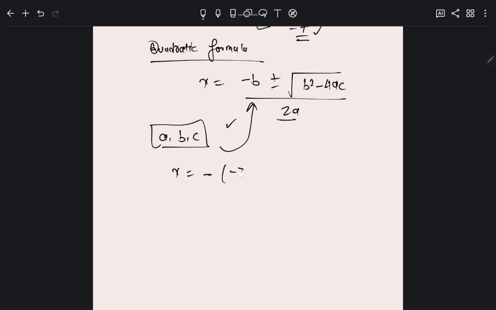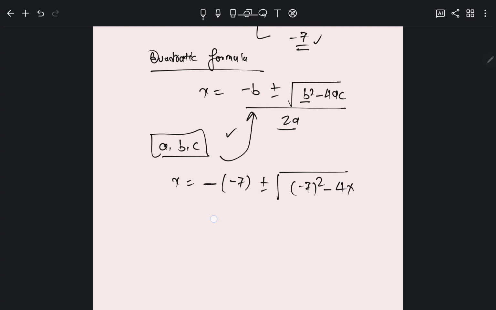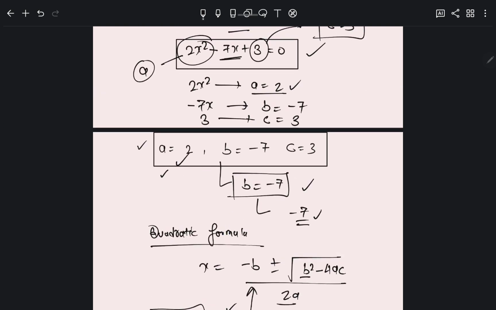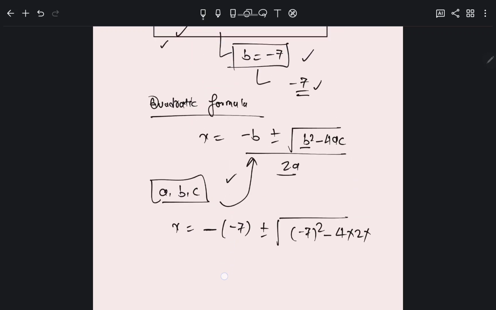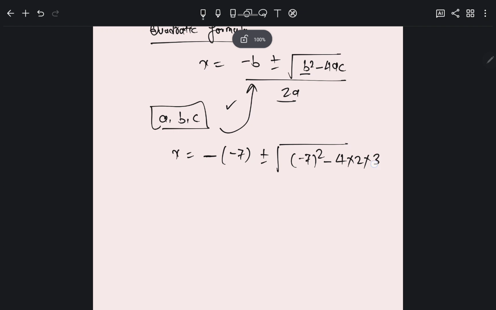What is the value of b? B is minus 7, and we put the minus sign outside the bracket. Under the root, minus 7 squared, that is the value of b, minus 4. What is the value of a? We already found that a is equal to 2, so put it. And what is the value of c? That is 3, so put the value.